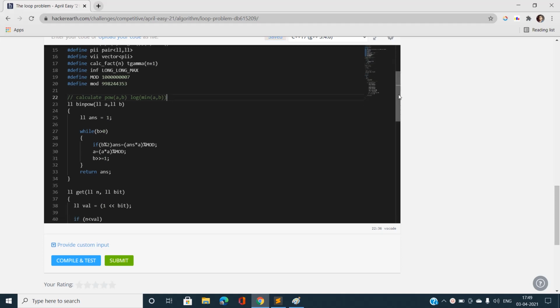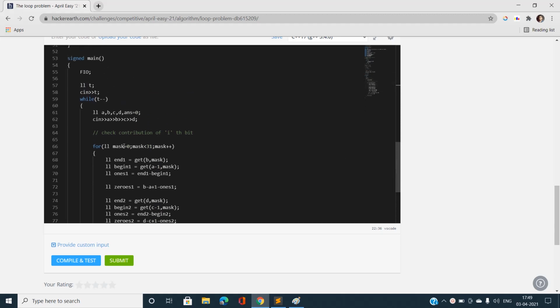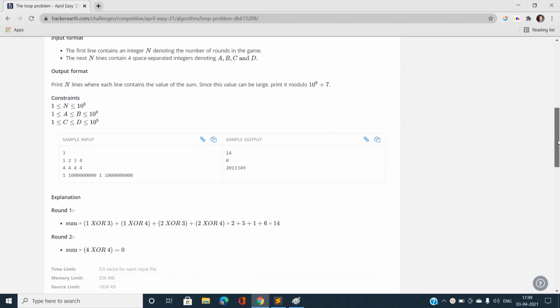First let's discuss: I'm going to just do this for every set bit position from 0 up to 30. Why up to 30? You can easily see the values of a and b can go up to 10 power 9. So 2 power 30 is just crossing this 10 power 9, so I need to do up to 2 power 30.